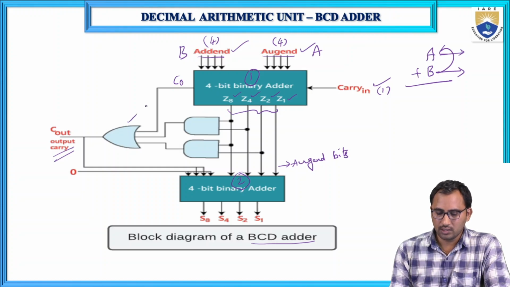We are using one XOR gate and two AND gates. This is the first AND gate, this is the second AND gate, and this is the first OR gate. The output is given to the OR gate, and the outputs of the AND gates are also given to the OR gate. So finally we will get the output carry.